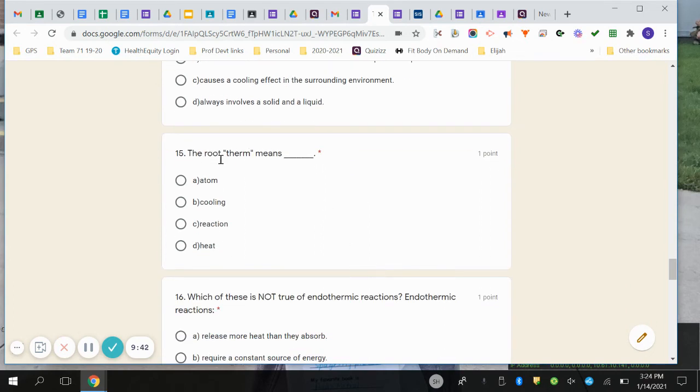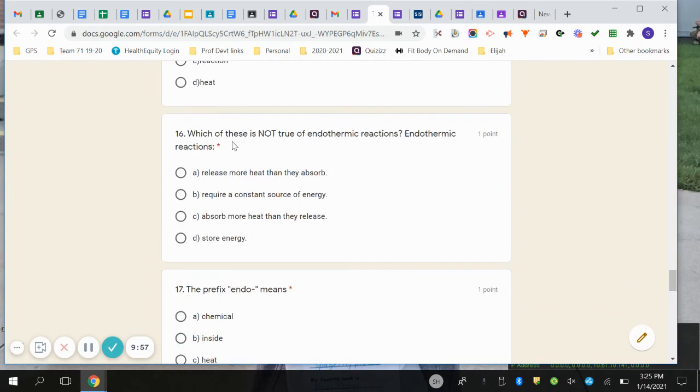Number 15, the root therm means atom, cooling, reaction, or heat. Therm, thermic, thermogenic, thermal. Number 16, which of these is not true of endothermic reactions?